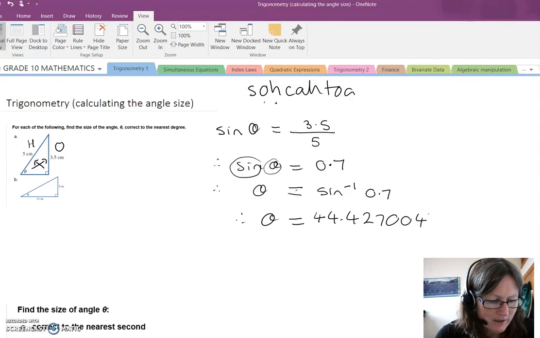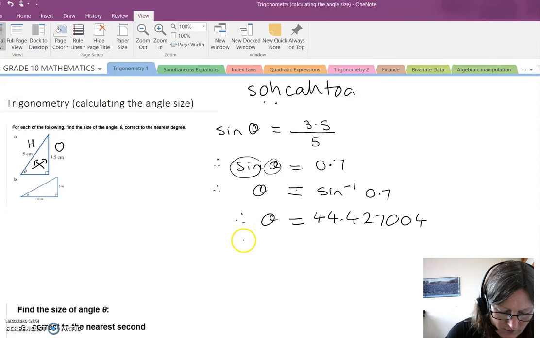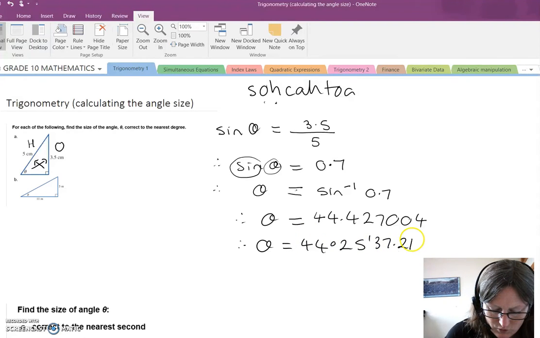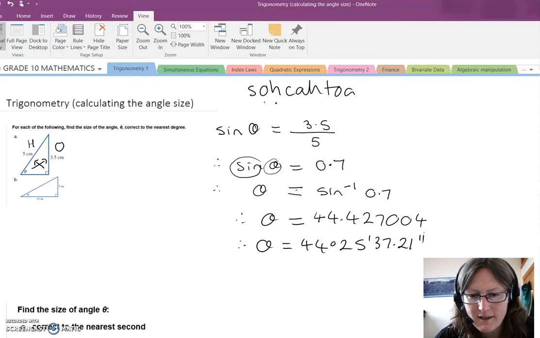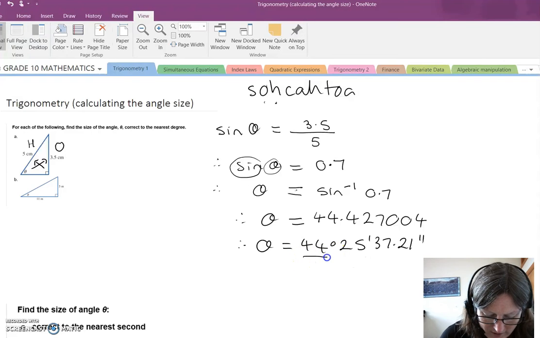So on your calculator you press the degrees, minutes, seconds button. So theta is equal to 44 degrees, 25 minutes, 37.21 seconds. That's degrees, minutes and seconds. It wants it to the nearest degree. So let's look at our degrees.